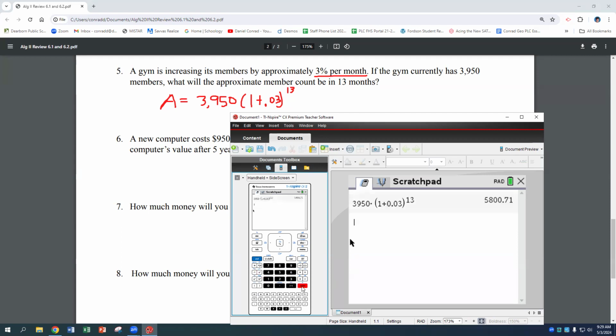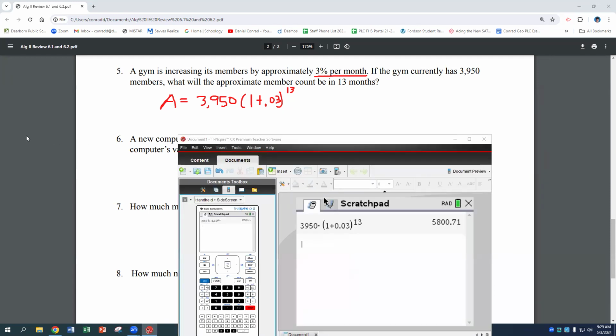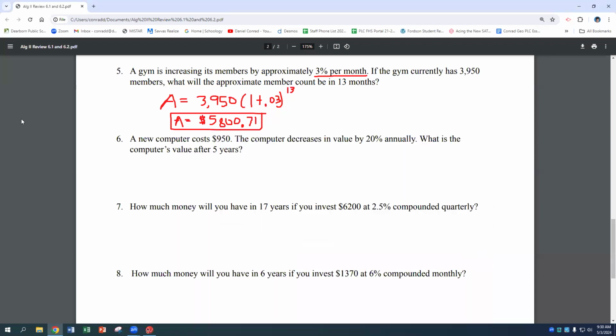And we hit enter, and we get $5,800.71. So A equals $5,800.71. Perfect.